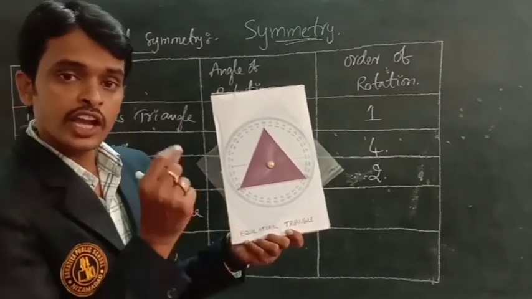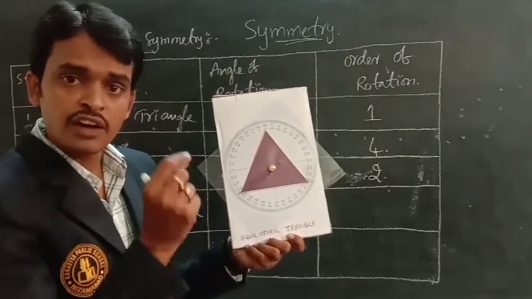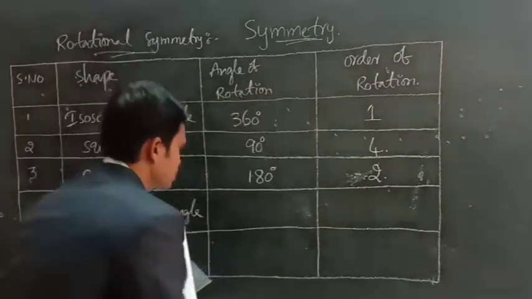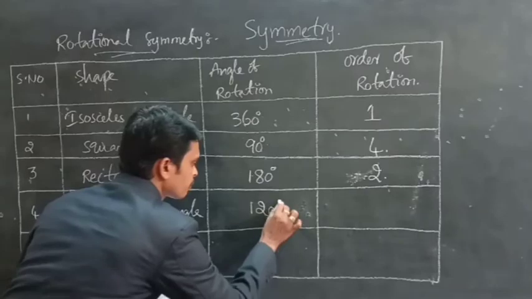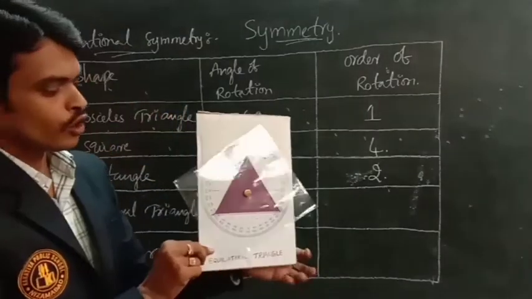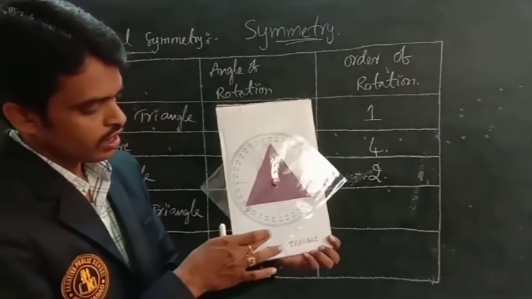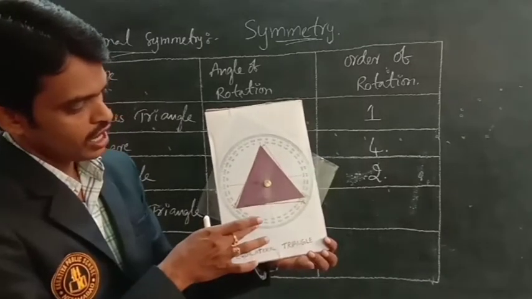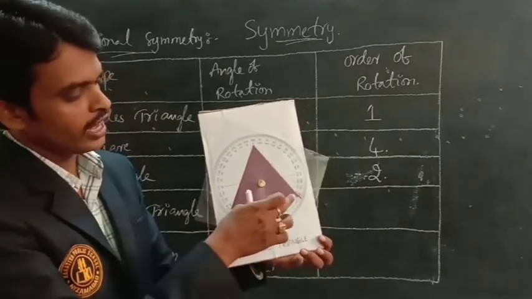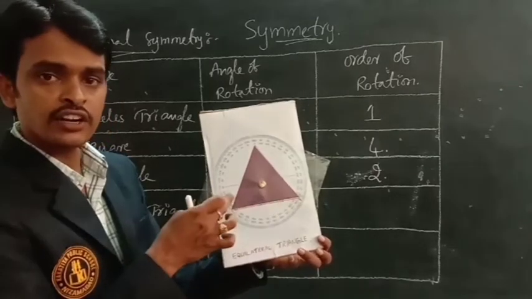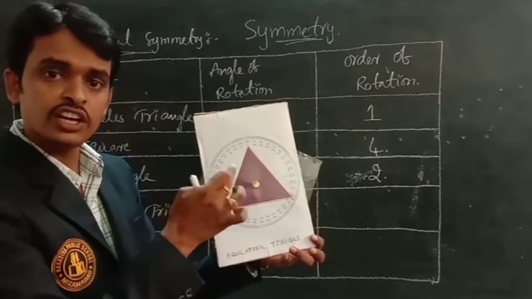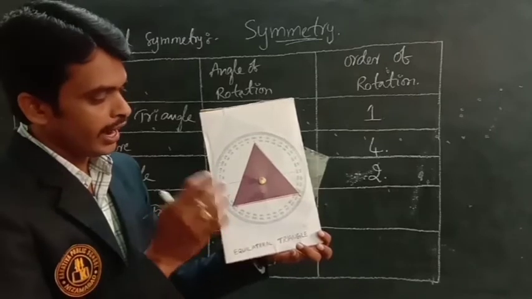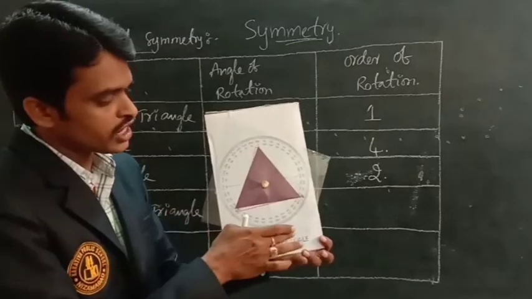Then the equilateral triangle's angle of rotation is 120 degrees. And go for further rotation. If we rotate like this, yes, at 240 degrees also the equilateral triangle coincides with itself. And let us rotate for further rotation.